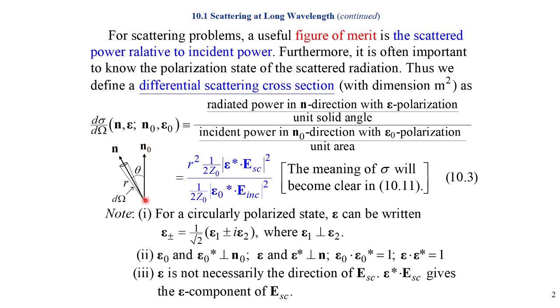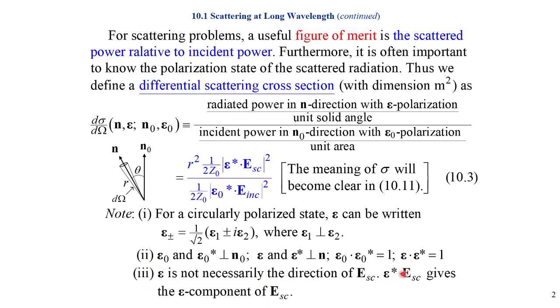That's for our convenience. And epsilon 0 dot epsilon 0 complex conjugate equals 1, normalized. Epsilon dot epsilon complex conjugate equals 1, once again normalized. Epsilon is not necessarily the direction of x. You can define the direction or coordinate you want.